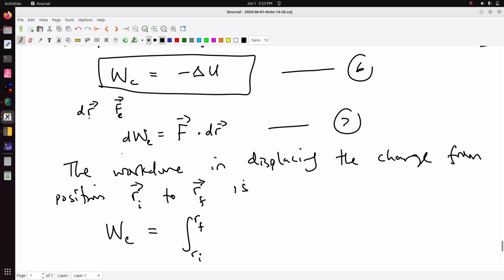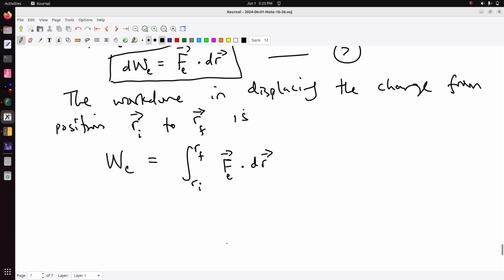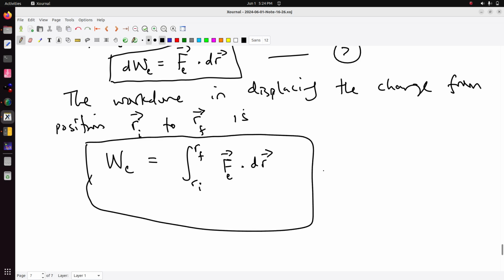So we integrate this equation 7, using F subscript E as the electric force, of F dot dr. This is the work done in displacing a charge from position Ri to position Rf. Let me call this important equation 8.